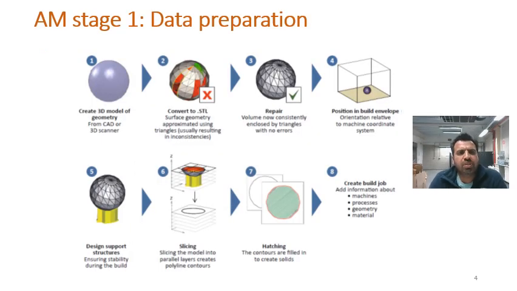Let's go through these AM stages one by one. Stage one is data preparation, and this stage typically contains 8 steps. Step one is to create a 3D model.